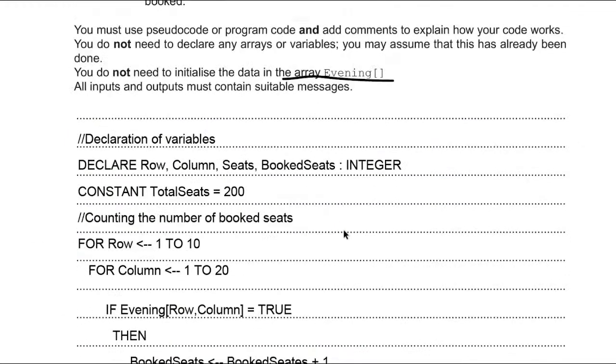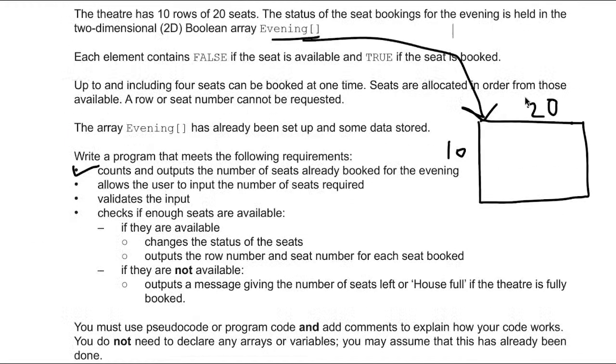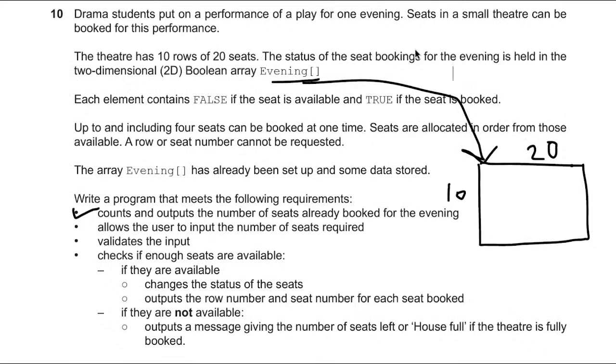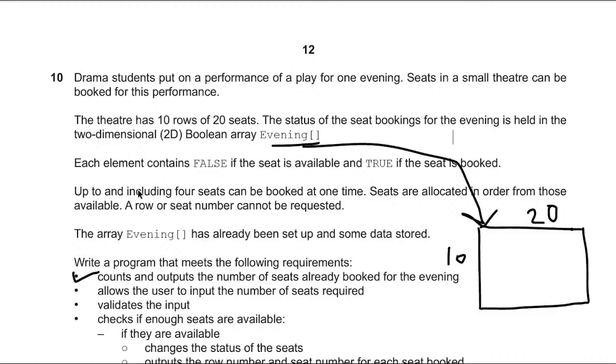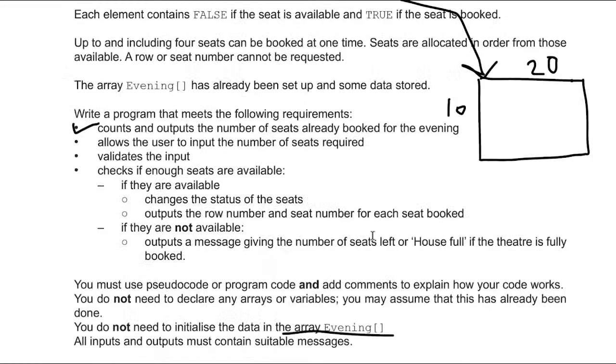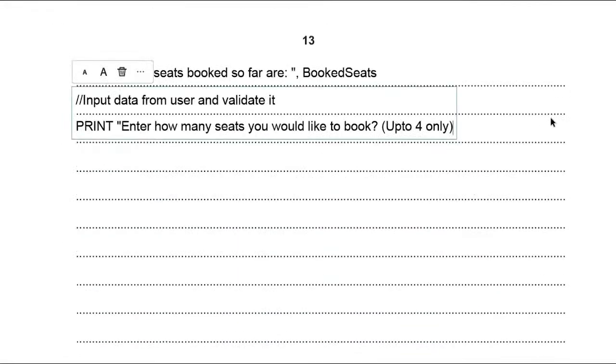Okay, because we were told that seats are allocated, no, where was it written? Up to and including 4 seats can be booked at one time, so up to 4 only.